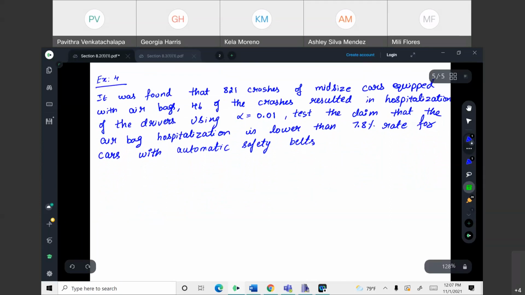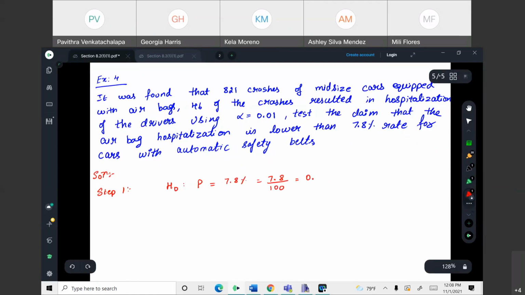Okay, so we all know the steps here. The first step is to write the null and alternative hypothesis. Now, null hypothesis H naught. This is about the proportion. It is 7.8%, which is 7.8 divided by 100.